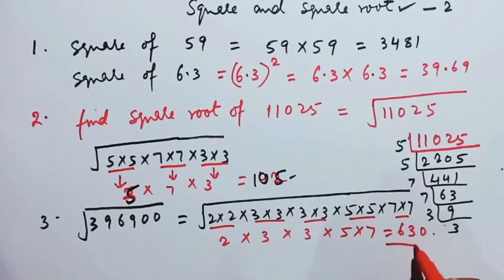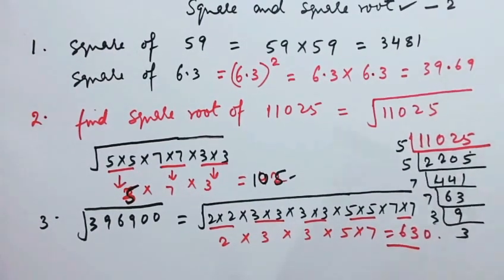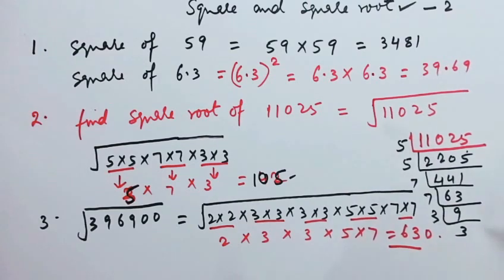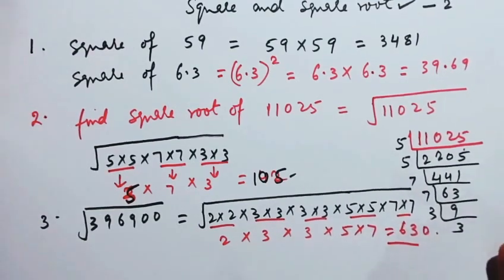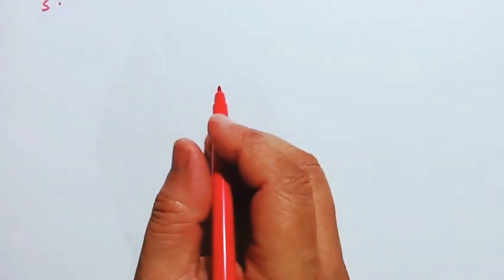Now moving on to the next. What is special in the next? Here we have: find the smallest number by which 2592 must be multiplied so that the product is a perfect square.